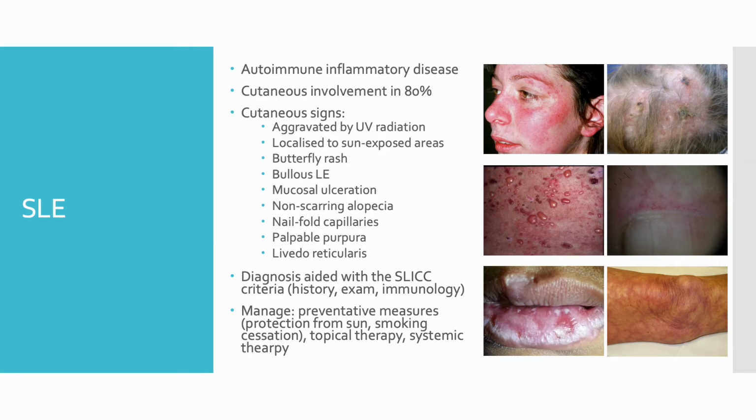Skin lesions tend to be treated by photoprotection, sunscreens, keeping covered over, topical therapy, that is potent topical steroids, or calcineurin antagonists such as Protopic. And obviously, with any evidence of internal disease, systemic therapy with, for example, antimalarials such as hydroxychloroquine, or immunosuppression with azathioprine, methotrexate, mycophenolate, etc.